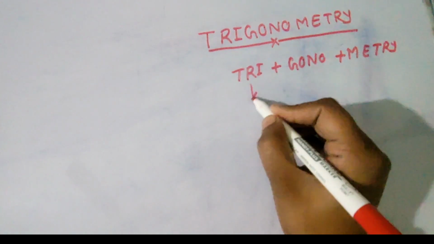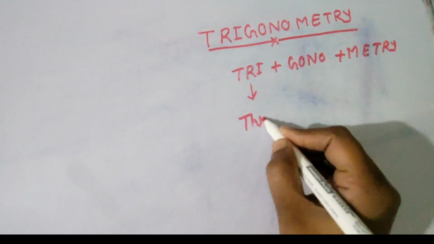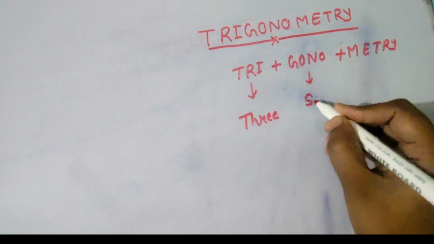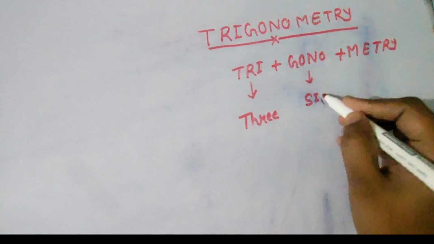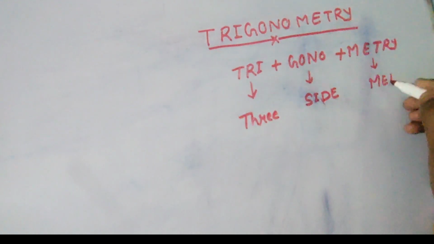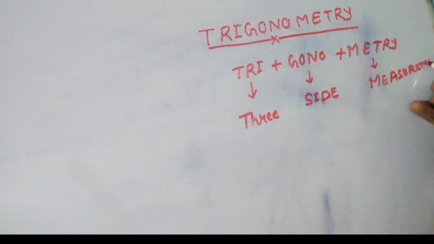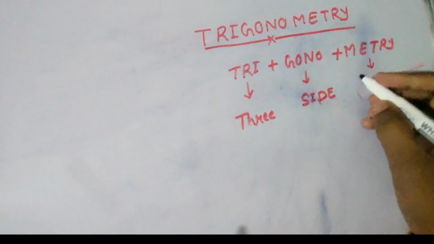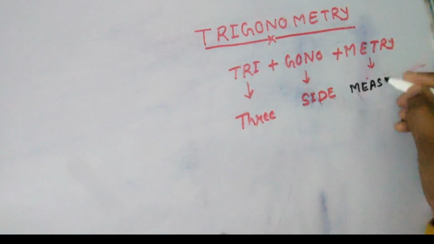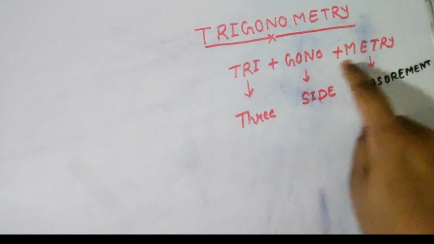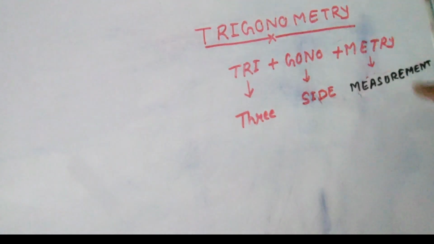Tri means three, gono means side, and metry means measurement.